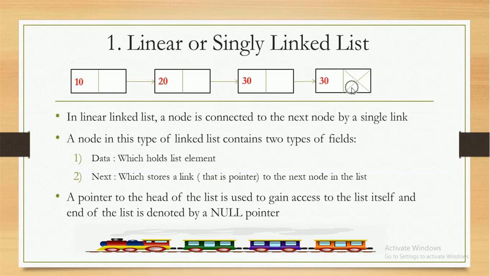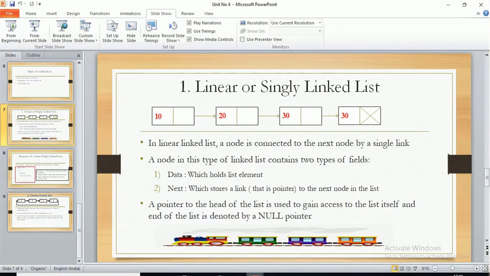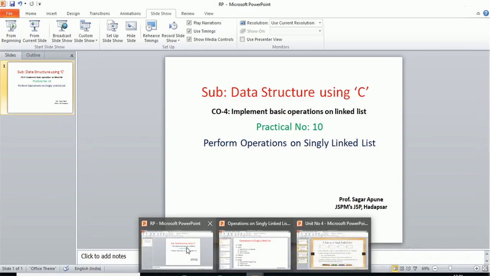So there are no nodes available after my last node. Each and every node is divided into two fields. The first one is the data field, which contains your actual data, and the next one is the next field, which contains the address of my next node.